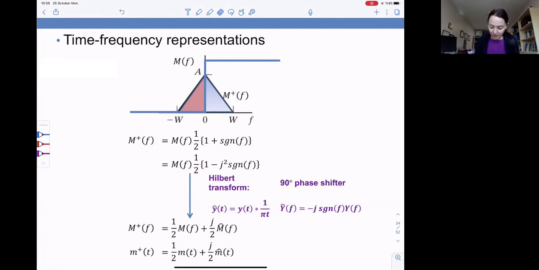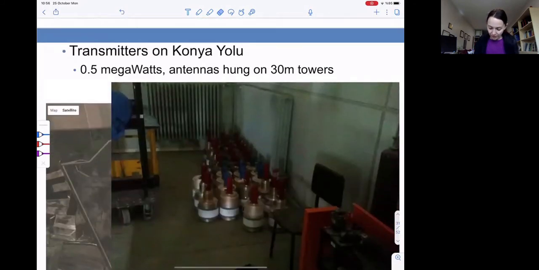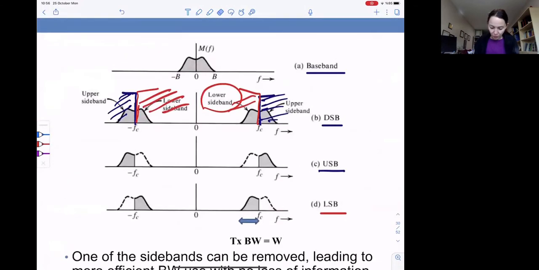What I want is a filter that gets only the upper sideband or the lower sideband.